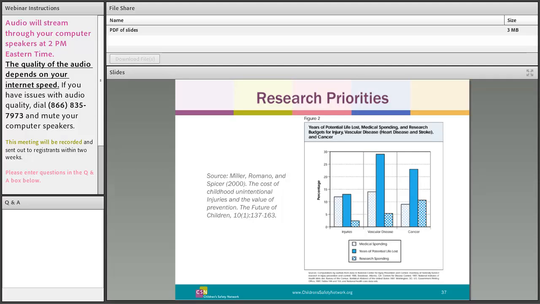Another question here. How can people at the county or local level calculate cost data? You can use WISQARS. If you have counts of injuries, either hospitalized or emergency department visits, you can use WISQARS.